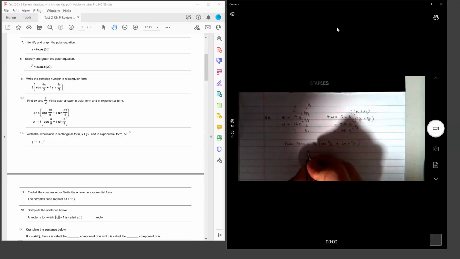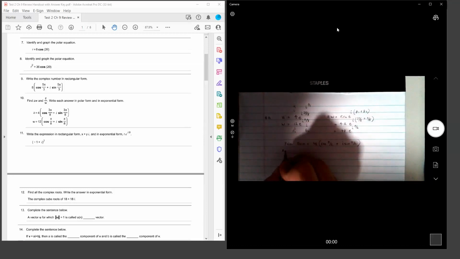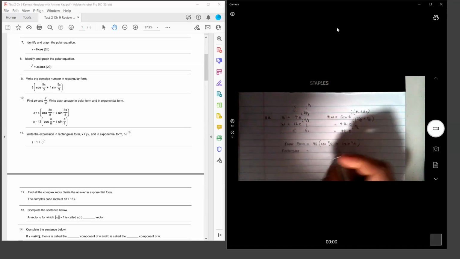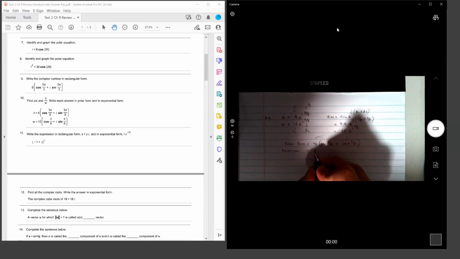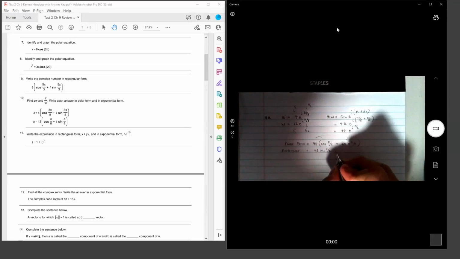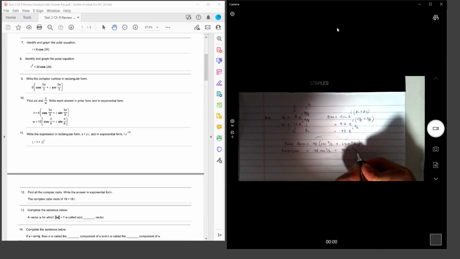And if we wanted to write it in rectangular form, we could just distribute. And so we got 48 times cosine of pi over 2 plus, I'm just going to put the i at the end, 48 sine of pi over 2 i.